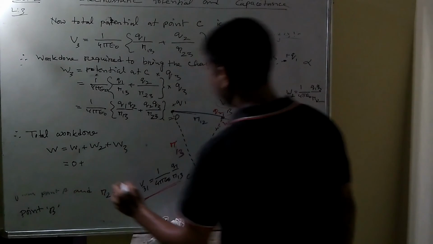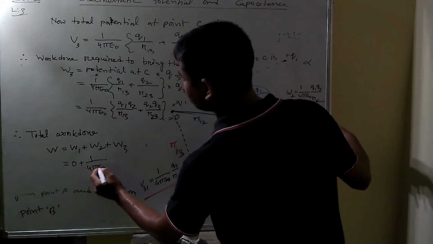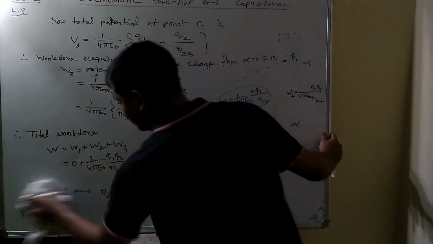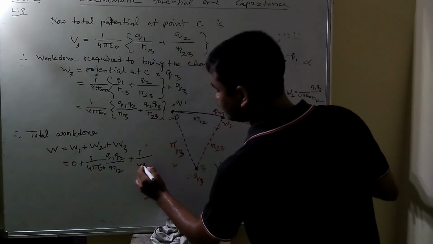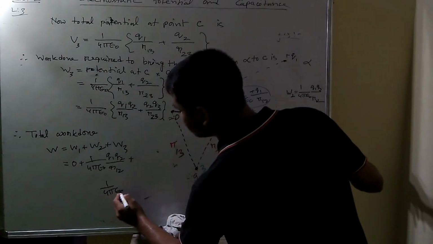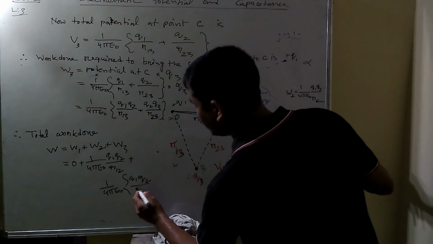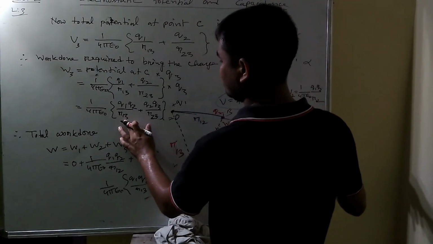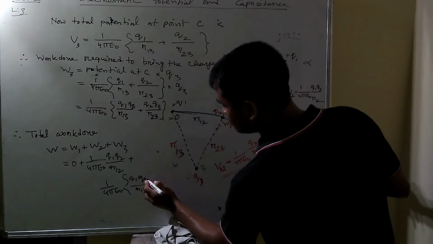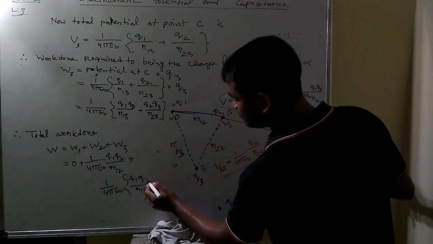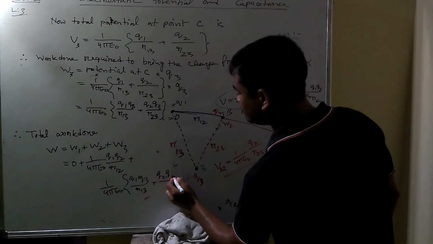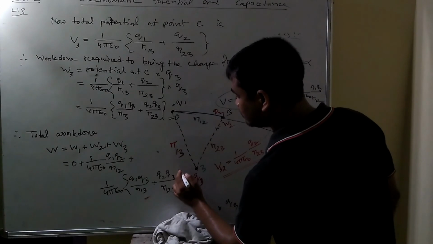We know that W1 is 0, and W2 is 1 by 4 pi epsilon naught, Q1 Q2 by R12, which was the result for the previous case, plus 1 by 4 pi epsilon naught, Q1 Q3 by R13 plus Q2 Q3 by R23.